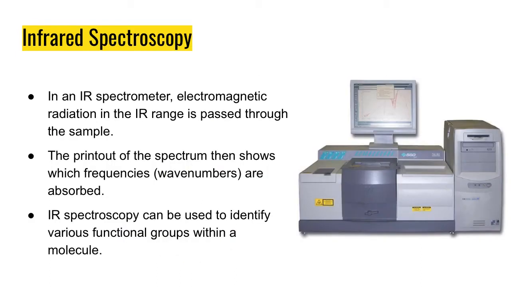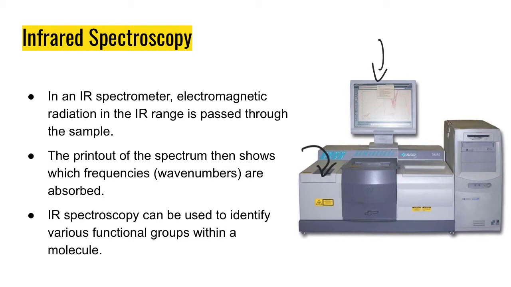Just to give you a little bit of an idea of what infrared spectroscopy is, you have this machine. The picture shown here is the typical setup of an infrared spectrometer. Basically, you put your sample in this little container here, and you put it in this really long tube.